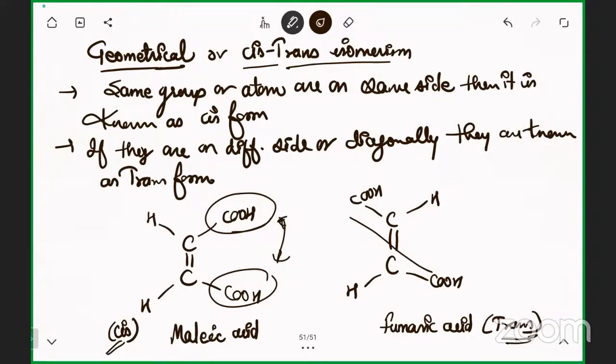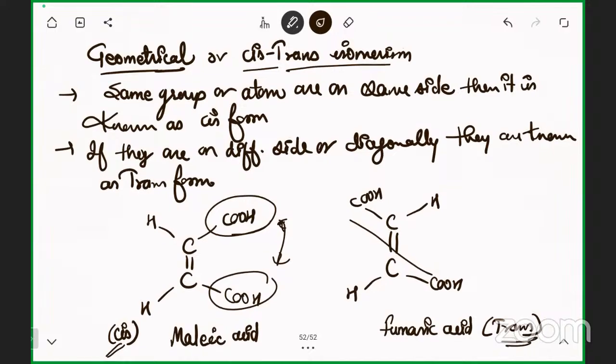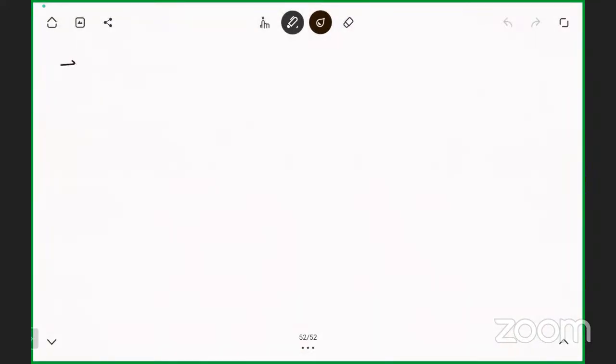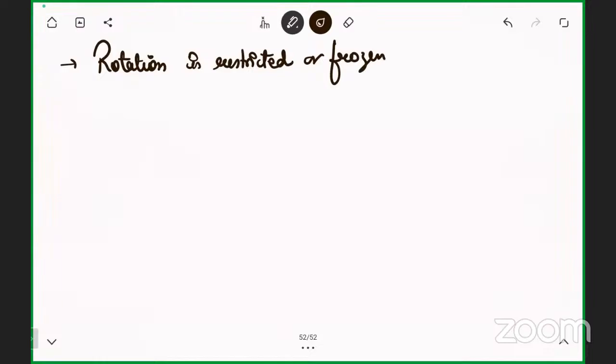But what you have to remember here is that rotation is restricted. In a double bond there is a restricted rotation, or you can say frozen rotation. Clear?